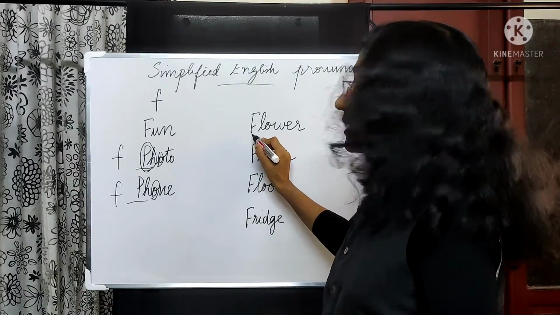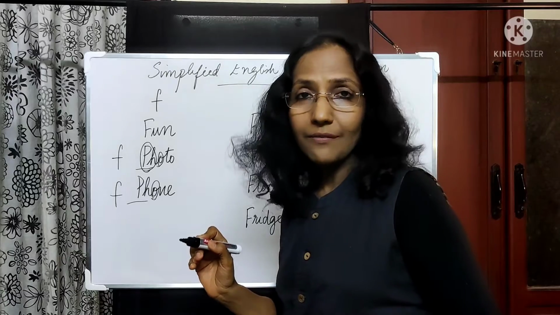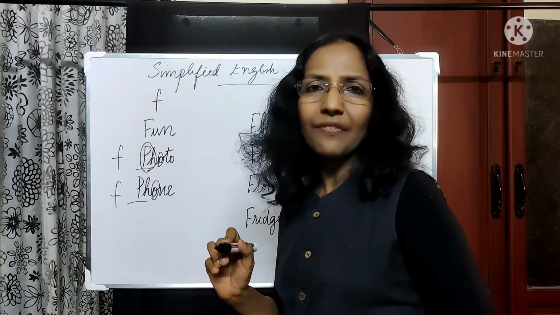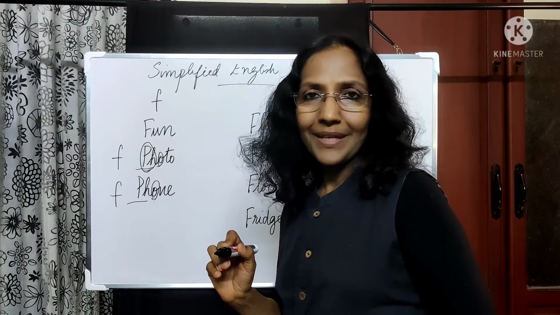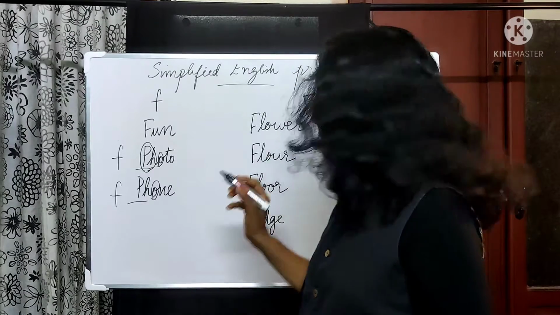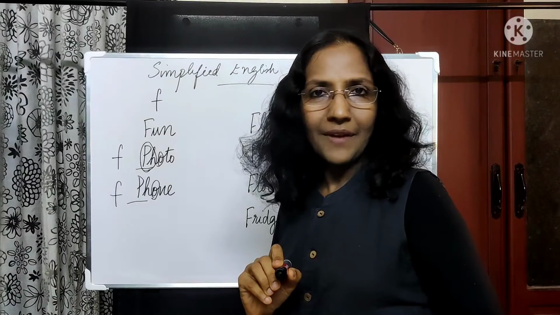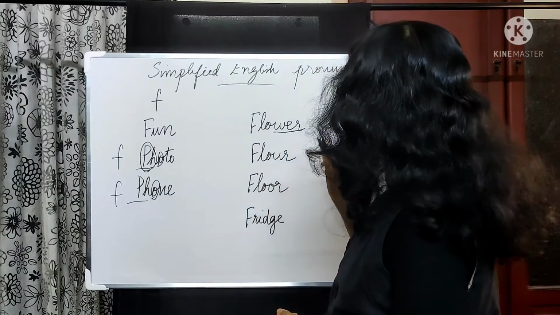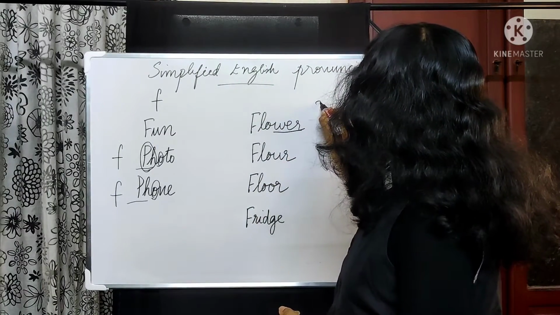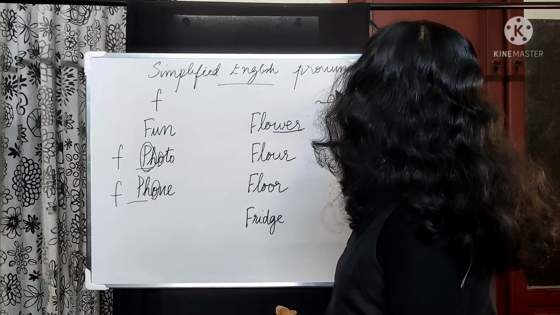Next one, a very tricky word indeed. We know the word, but how do we usually pronounce it? We say "flower" with a clear L sound. It's not that. This sound is not heard at all. How can I write it in Malayalam?